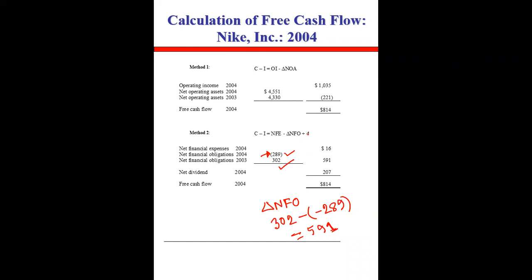The company has paid all of their net financial obligations of 302, and the company now has 289 financial asset. The company has 289 financial asset.